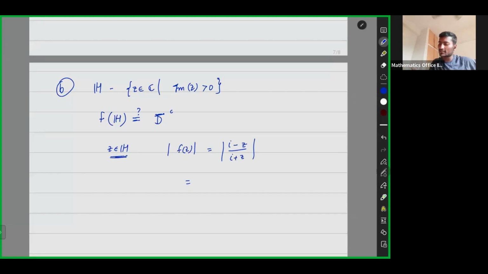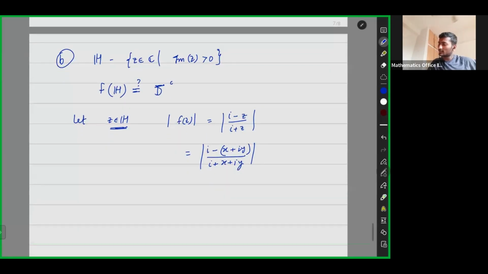So this time this z is fixed. Let z belong to H. Writing more clearly, (i minus (x plus iy)) divided by (i plus (x plus iy)), where z is equal to x plus iy. Belonging to H means y is positive.